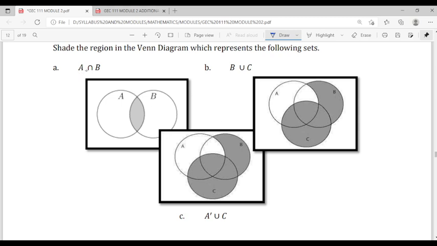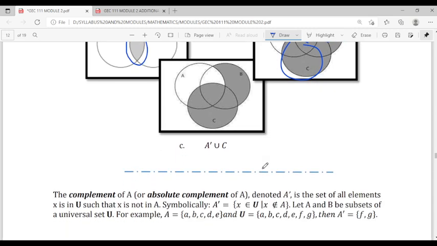So, A intersect B, lahat ng kanilang common. B union C, so lahat ng element ng B and also C. A complement to the union of C.